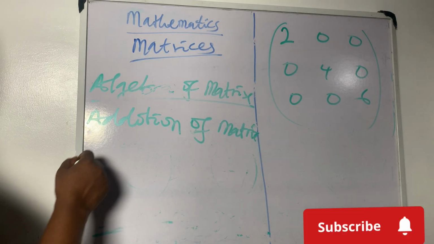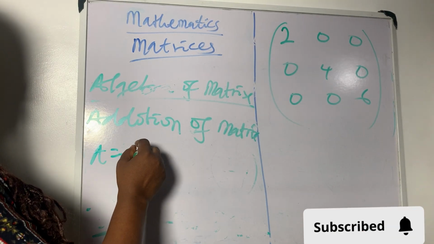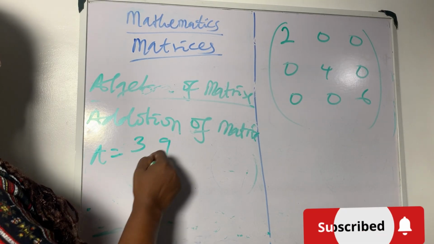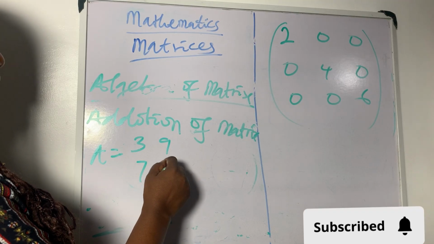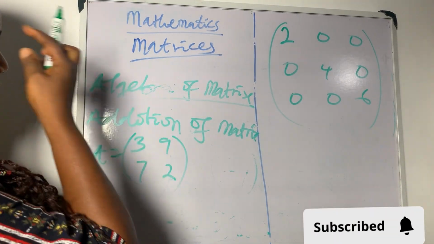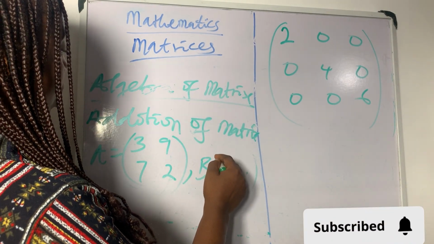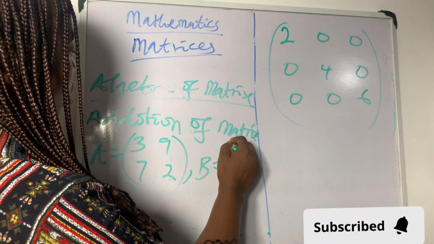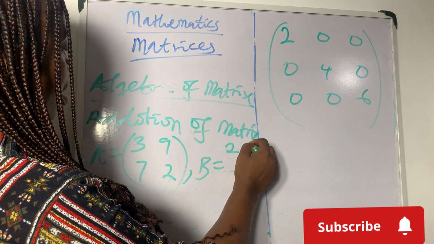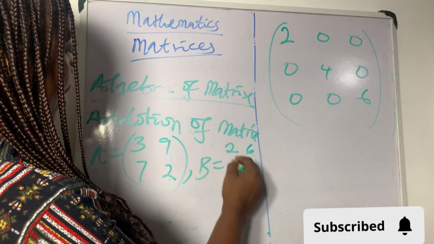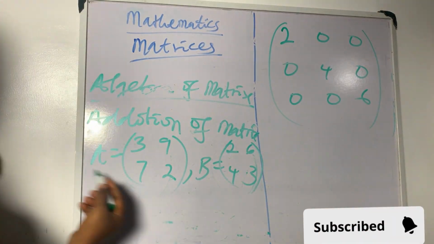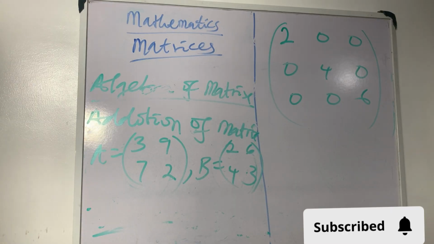How do we mean? Let's take, for instance, you have 3, 9, 7, and 2 as matrix A. Then matrix B is 2, 6, 4, and 3. You can see that they are of the same order.